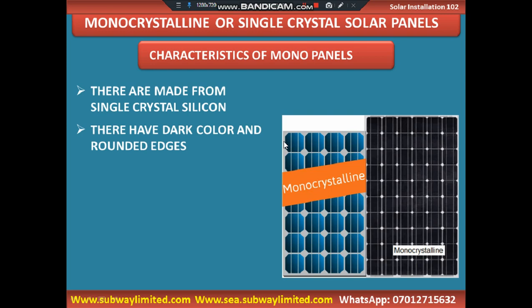So one of the features is it is dark in color. And another thing you use to differentiate the monocrystalline solar panel, even if the nameplate is not on the solar panel, is its dark color and the rounded edges.